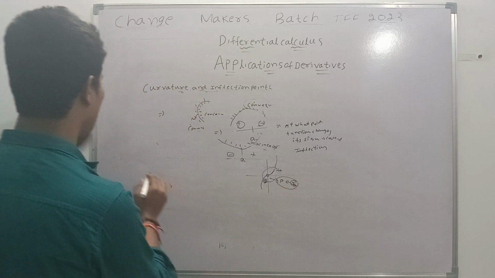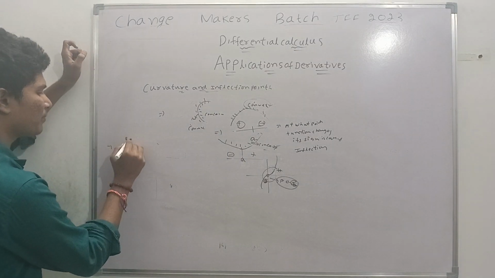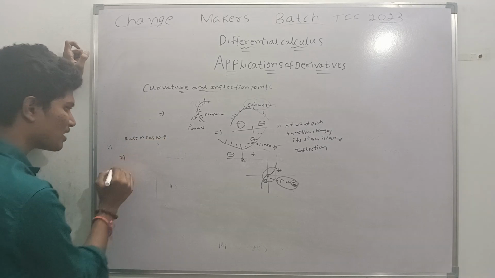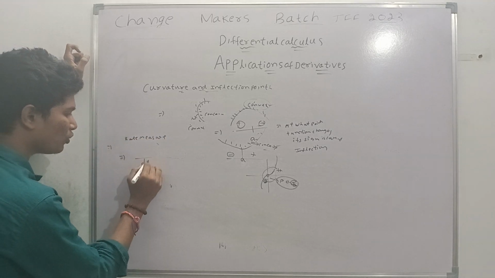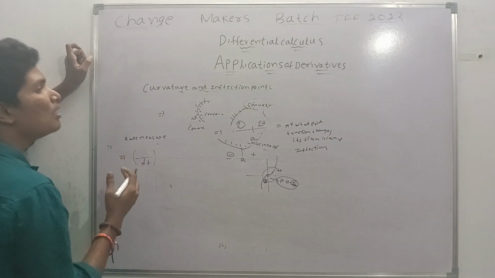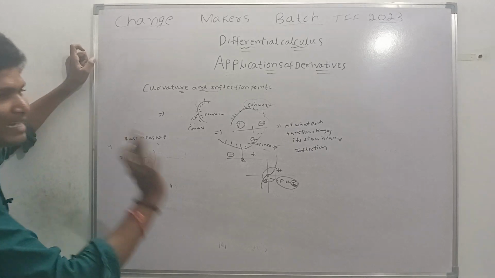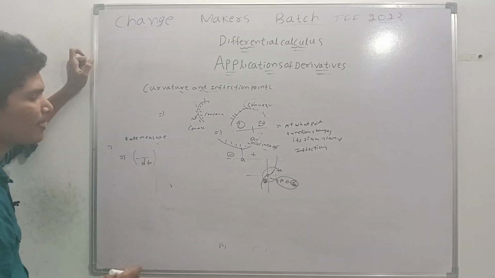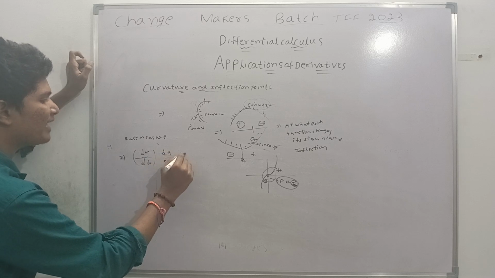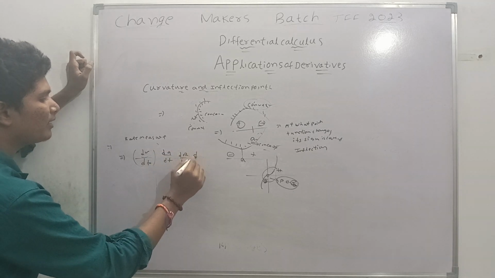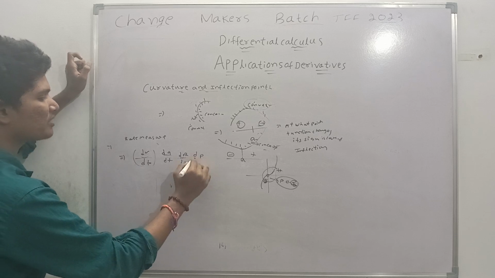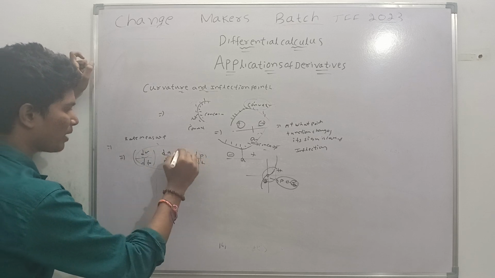And now the last topic, that is rate measure. You have to understand one thing: the rate is always with respect to time. Whether it is dv by dt, or da by dt, area, volume, suppose dp by dt, anything with respect to time only is a rate measure.